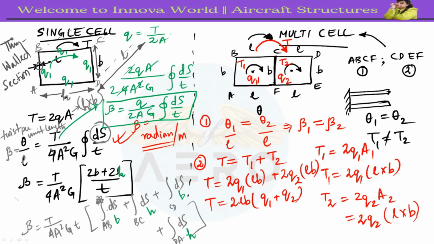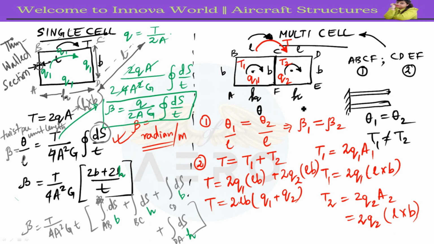Now what happens in the case of multi-cell? This is a figure for a multi-cell. Let's consider this one as H, not as L, since there might be some confusion. So this is H, two cells. A, B, C, D is one cell, and C, D, E, F is another cell.